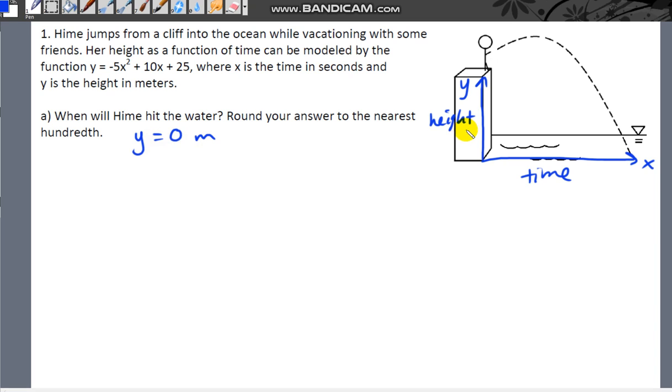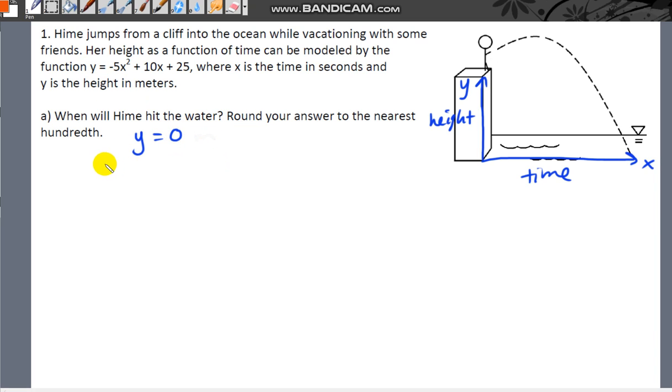In order to solve for the time when she hits the water, we don't need the units anymore. We're going to take this value, y equals 0, and plug it in for y, as you can see there. So let's go ahead and do that.